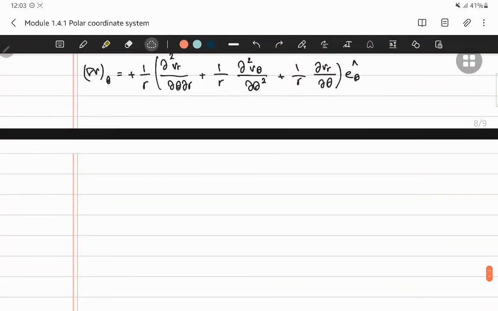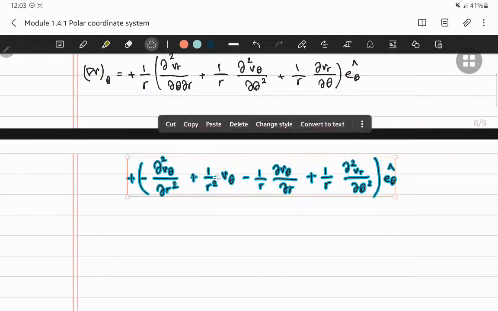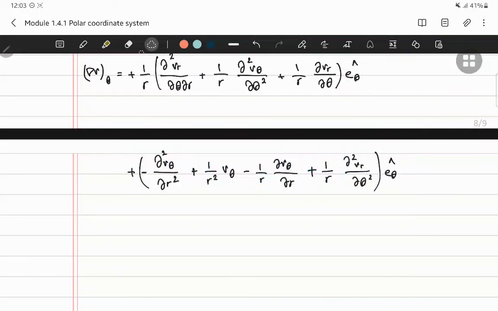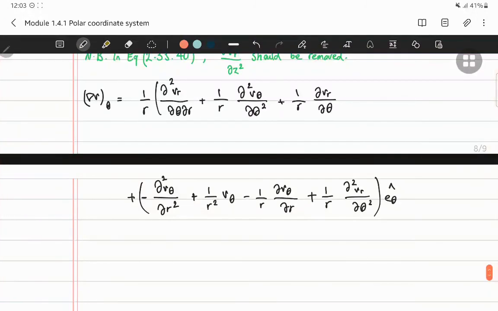And then paste it here. So you have to get rid of this. And this one. Okay, so 1 divided by r. Let's just multiply this r squared. And so plus minus, this becomes minus and e theta.